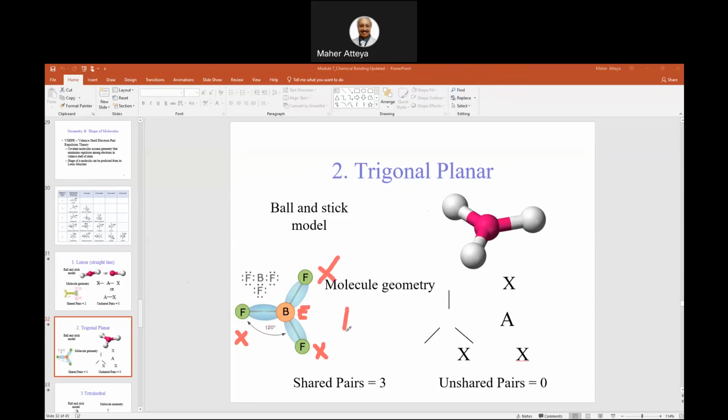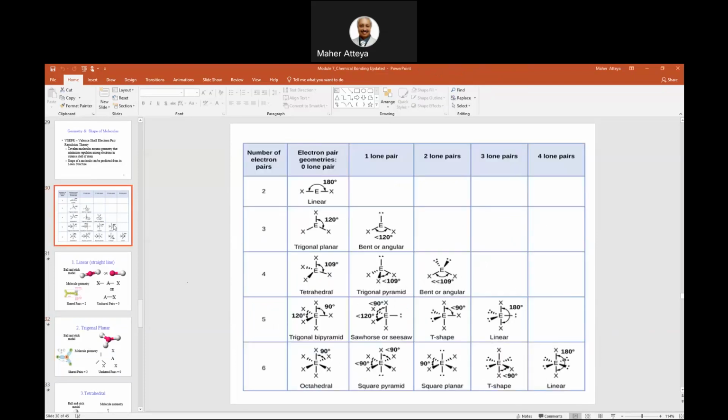So it will be EX3. EX3, where is it? It's this one here. So therefore, it is trigonal planar. There's no lone pair, trigonal planar. So this one here will be my trigonal planar, EX3.